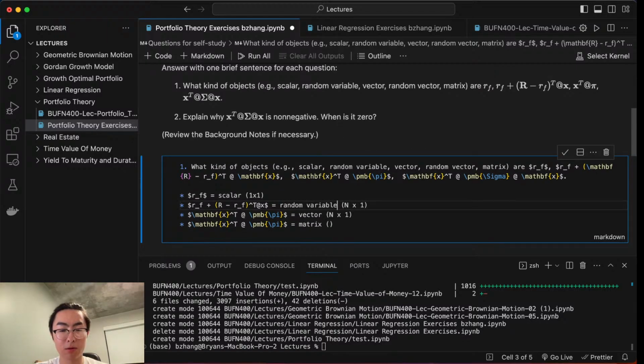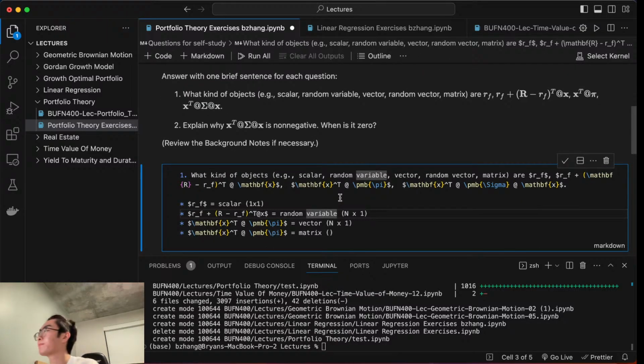Random variable. So yeah, this actually gives you some number. It's a random variable, 1 by 1, 1 by 1.